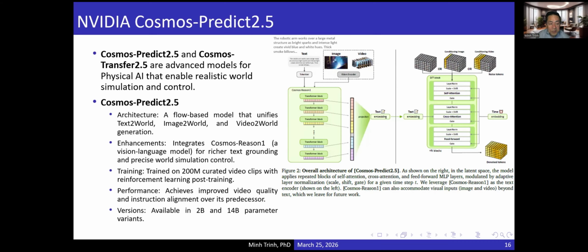Another open source model. This one is an American one, from Nvidia. In fact, there are two models. The first one is Cosmos Predict 2.5. It's 2.5 because there was probably a Predict 1 before.